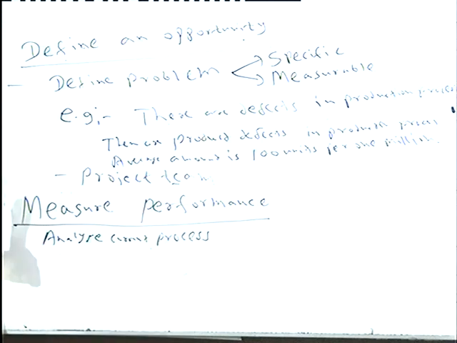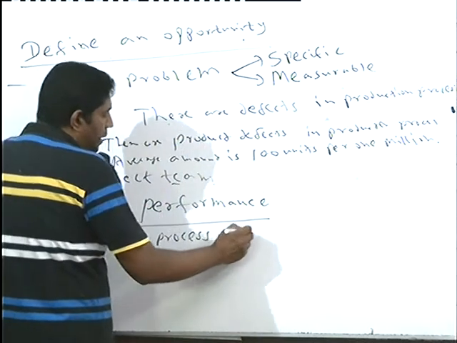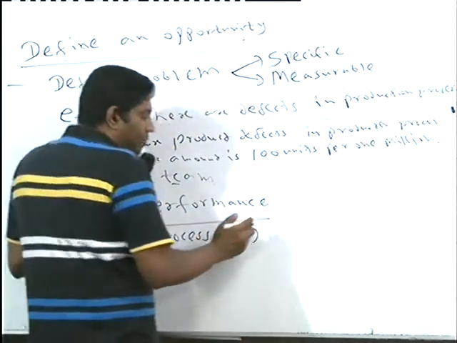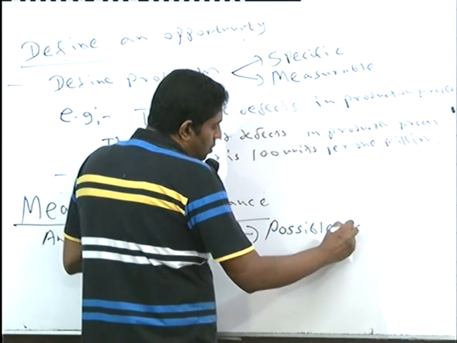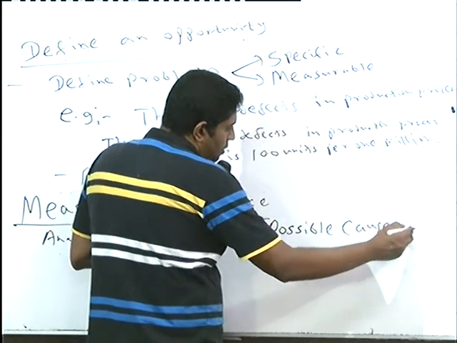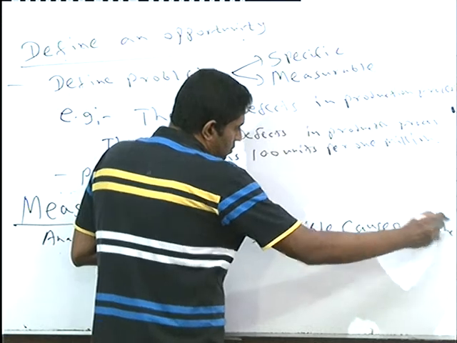The objective of analyzing the current process is to identify the possible causes for the defects.